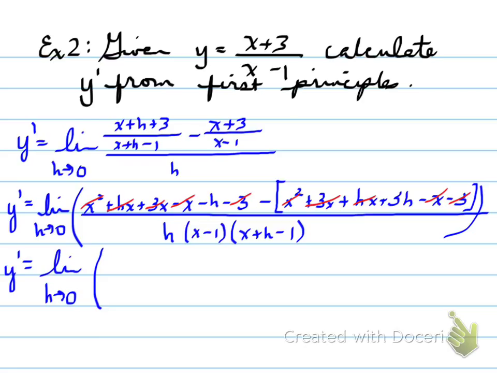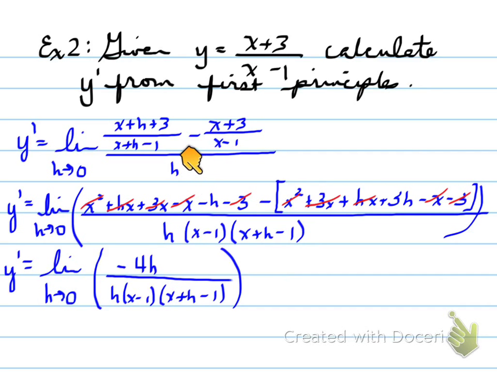So you're left with minus 4h all over h times x minus 1 times x plus h minus 1. Now, where did that 4h come from? I'll just show you here. Here's the minus h. Don't forget that there's a minus here of this 3h. So minus h minus 3h gives us minus 4h.